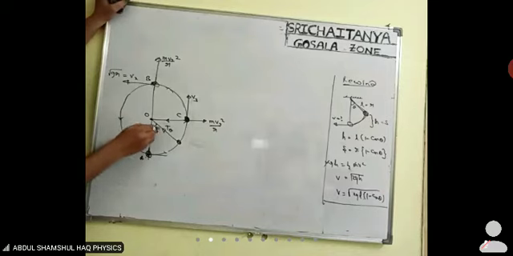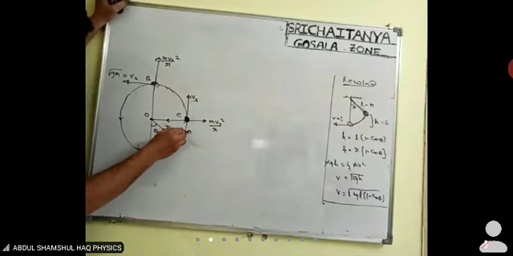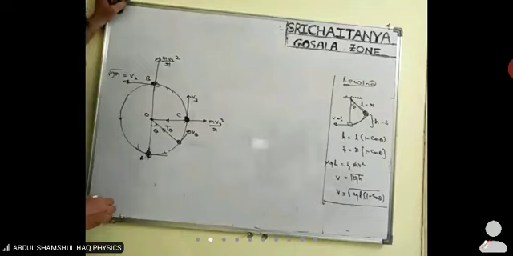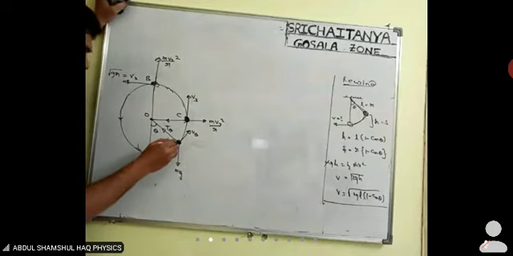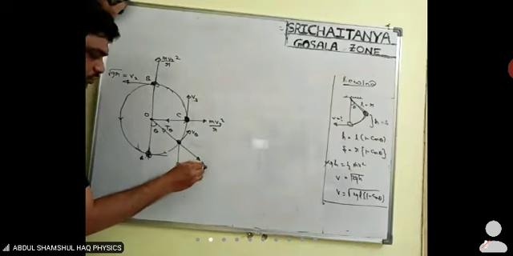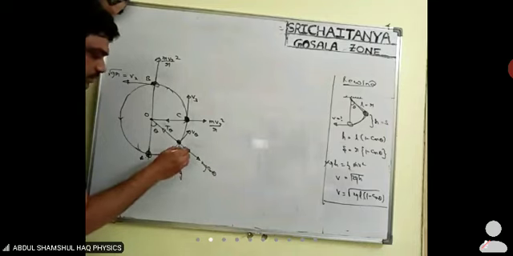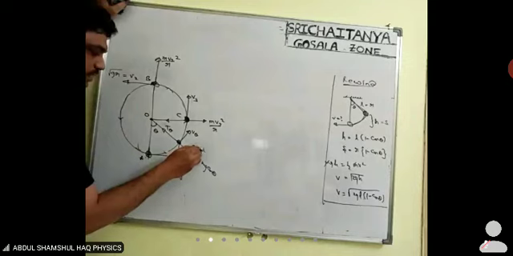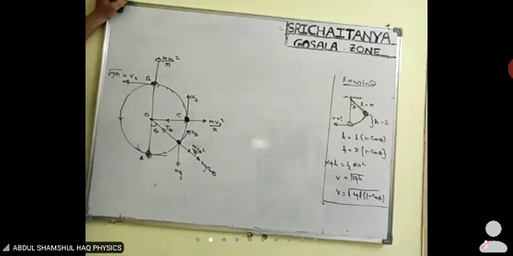So this is V theta. The weight of the body, mg, is in this direction. This would be mg cos theta, and this would be m v theta square divided by r. So tension T theta along this direction gets balanced with.